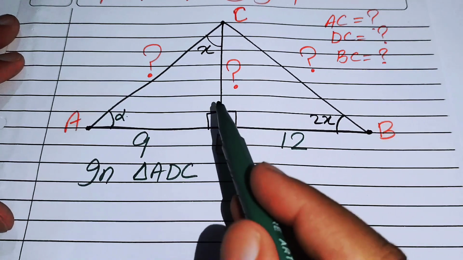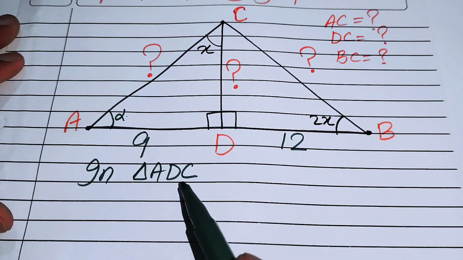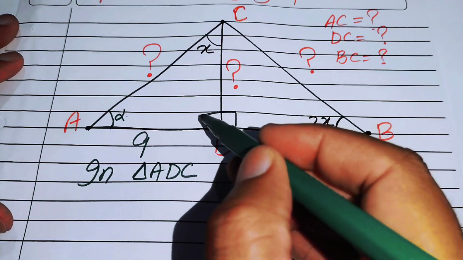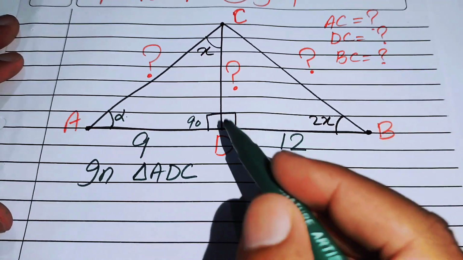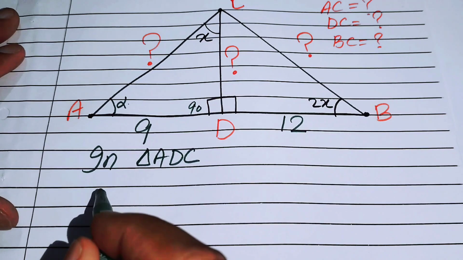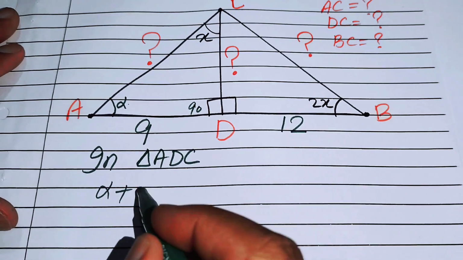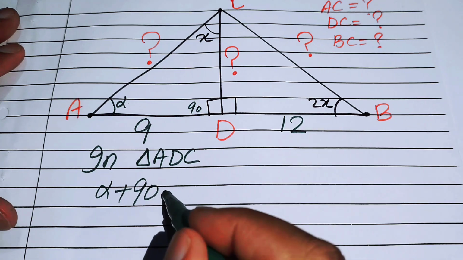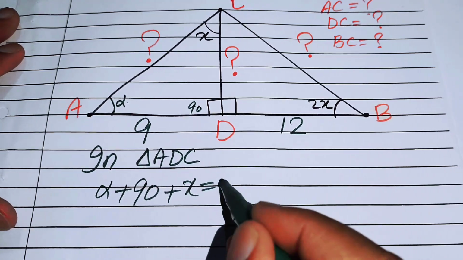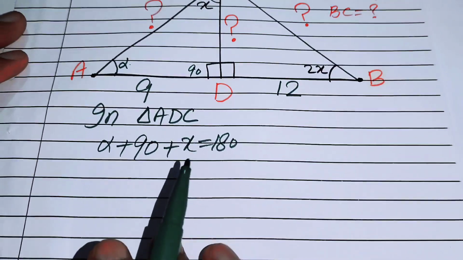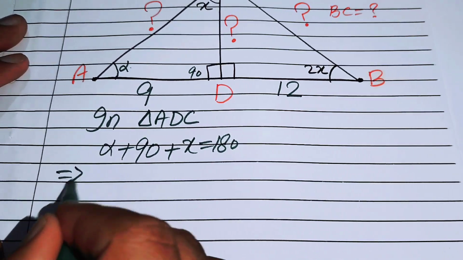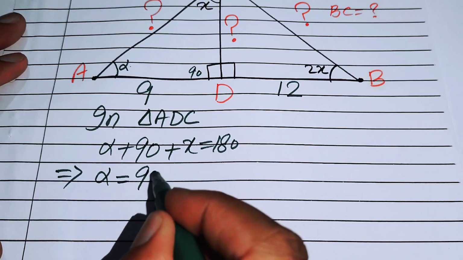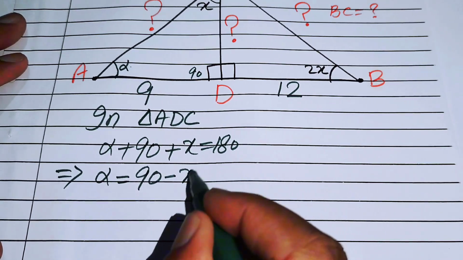So we have alpha plus 90 plus x is equal to 180, and you can easily find the value of alpha, which is equal to 90 minus x.